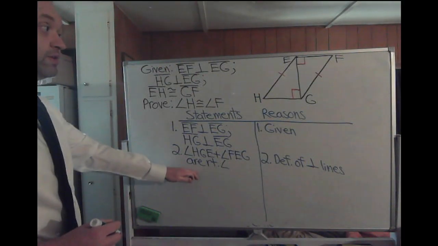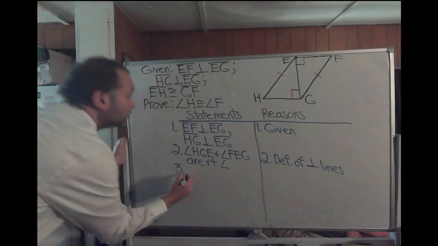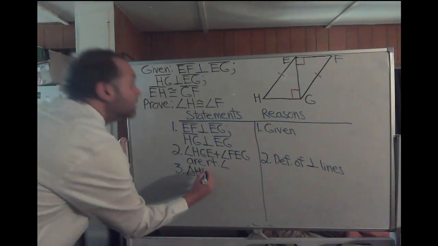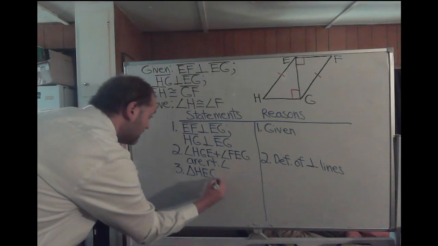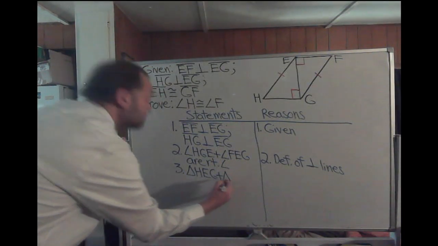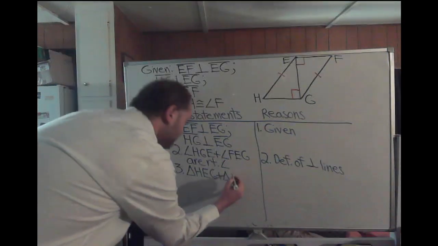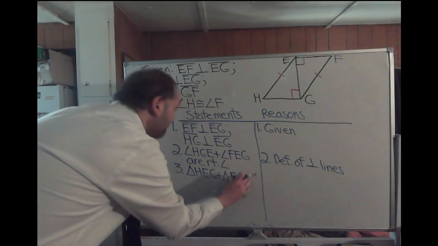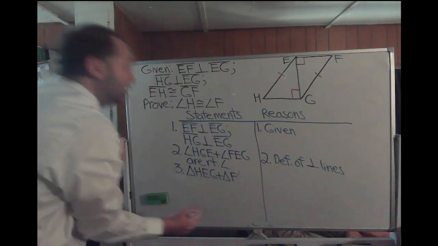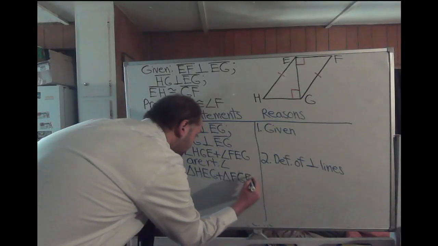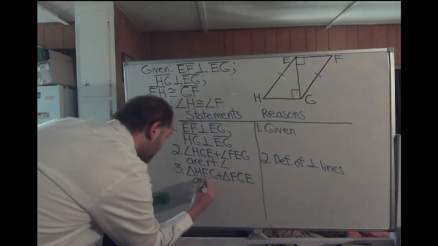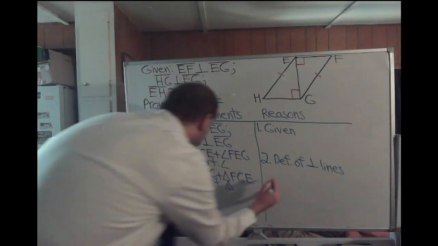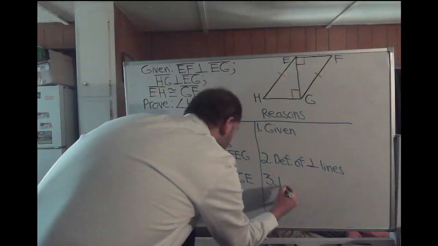Which then, if we've concluded right angles, the next step is to conclude that triangles HEG and FGE are right triangles. That would be by the definition of right triangle.